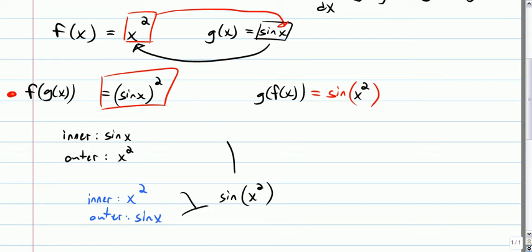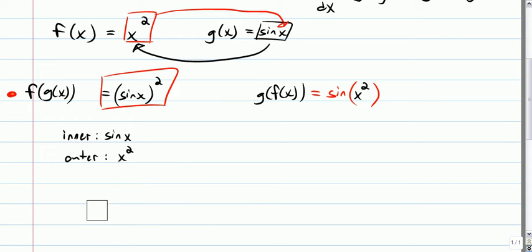That didn't match what I had over here, right? So you have incorrectly identified the inner and the outer. Probably when you first start with this, pick an inner, pick an outer, and then compose them. Actually plug the inner one into the outer and make sure that you get back to what you started with. Because if we can't consistently do that, then we're not going to be able to get the right answer.